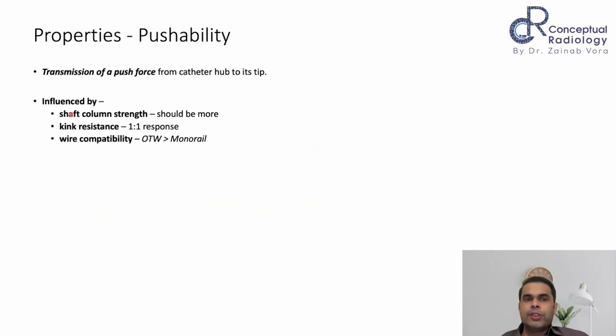If you have the shaft column, the main shaft, it should have good strength. If you have a very flimsy shaft, instead of transmitting the forces, it will buckle itself. So the shaft column strength should be good, so that whatever you push from outside, you are outside the patient, you have to push the catheter from there, it should get transmitted to the tip in a more uniform manner.